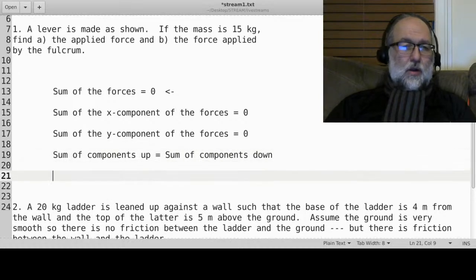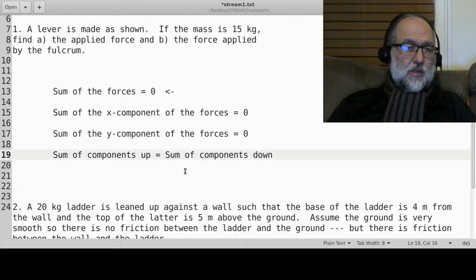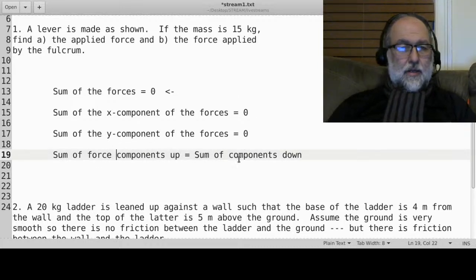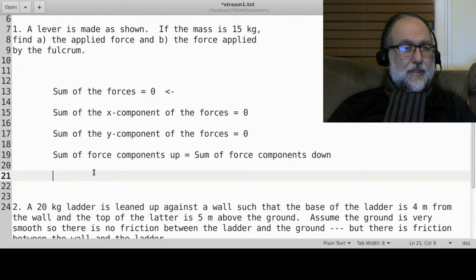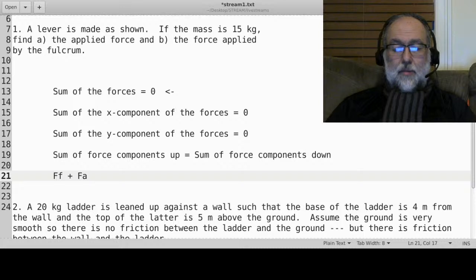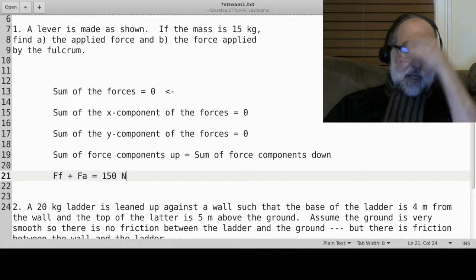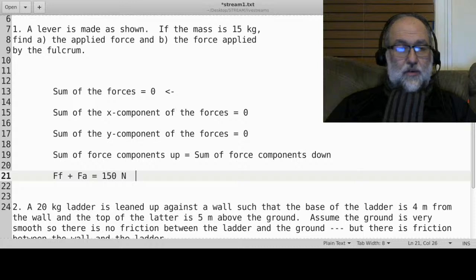I say force components here because there's also going to be the torque in a minute. There was the fulcrum force up, and also the applied force up, and that has to equal the 150 newtons down. Okay, and there's our first equation.